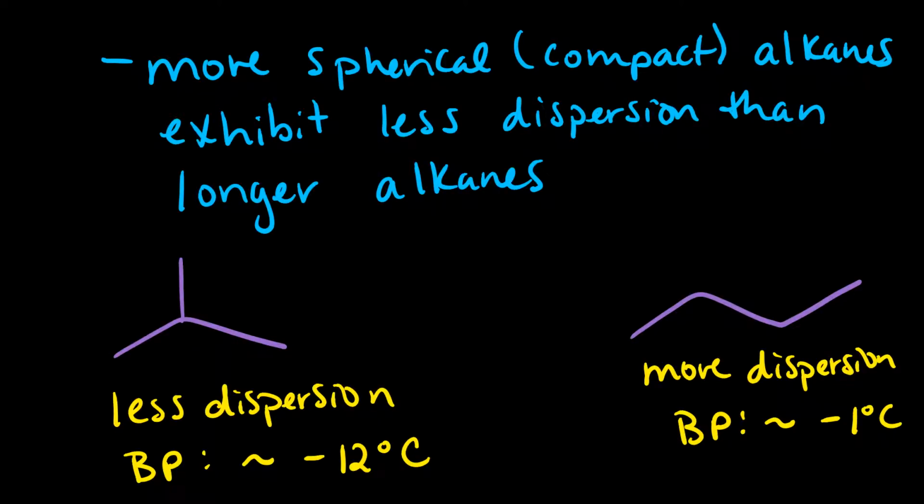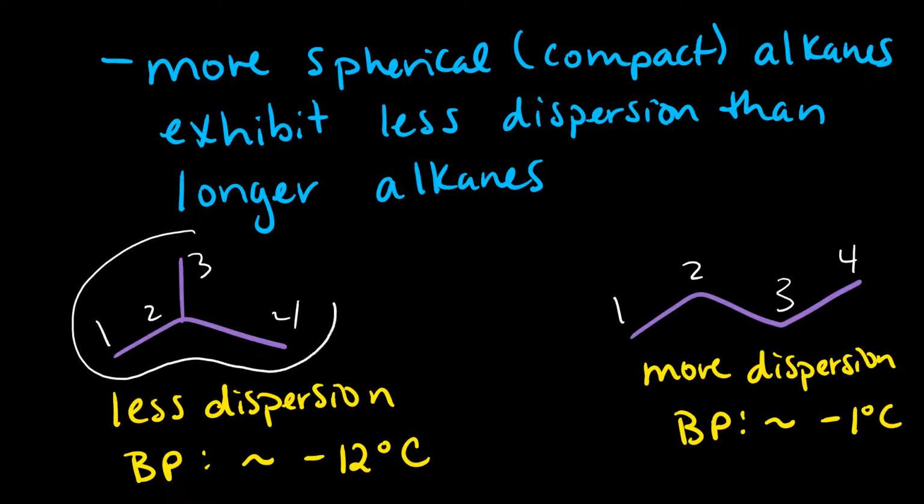The other thing about dispersion is that it can also be affected by shape. So for example, here, even though these are both composed of 4 carbon atoms in a row, you see that the structure on the left is more compact, more spherical than is the structure on the right.